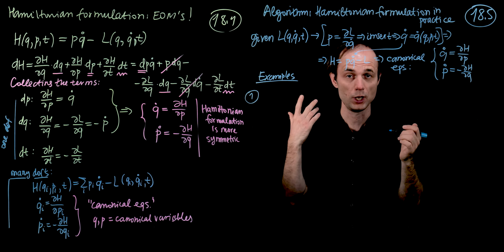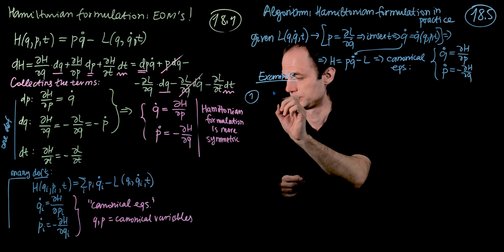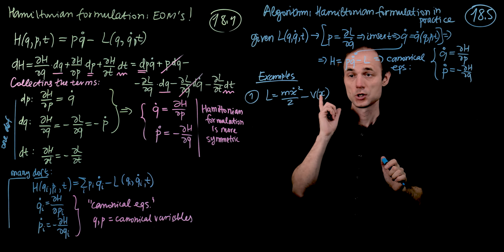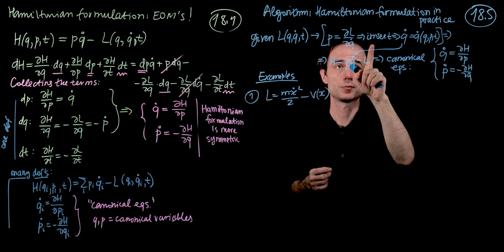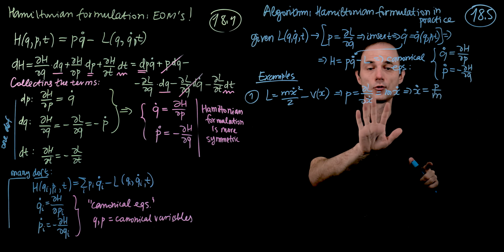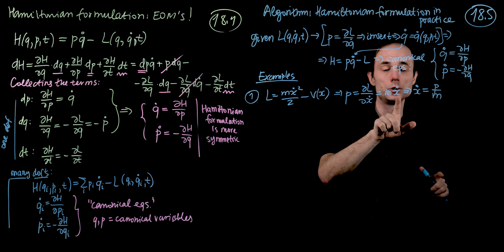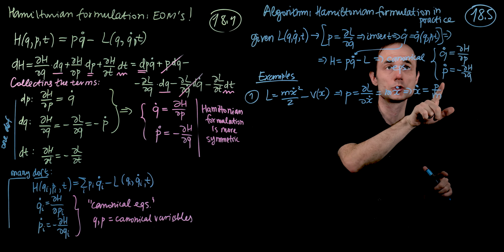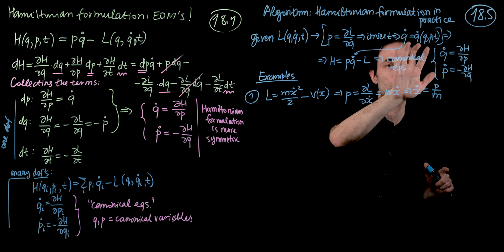Consider a point particle in a potential. So let us compute its momentum. And now we invert this relationship to compute the velocity in terms of the momentum, just like we did here.